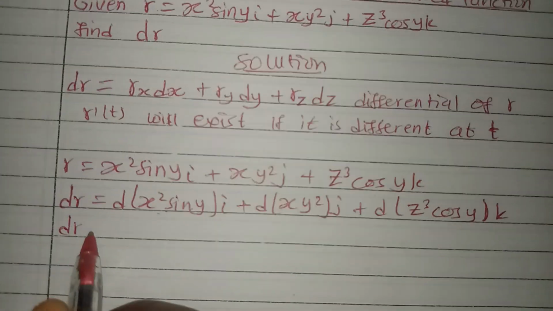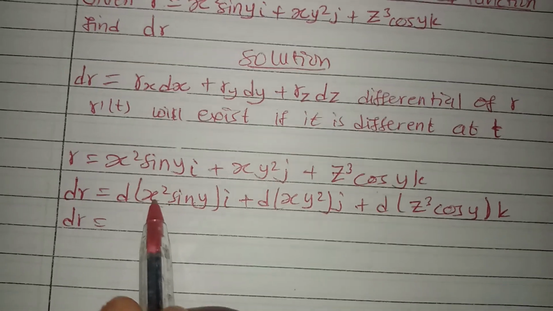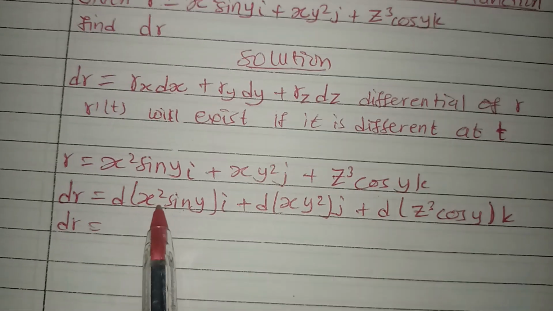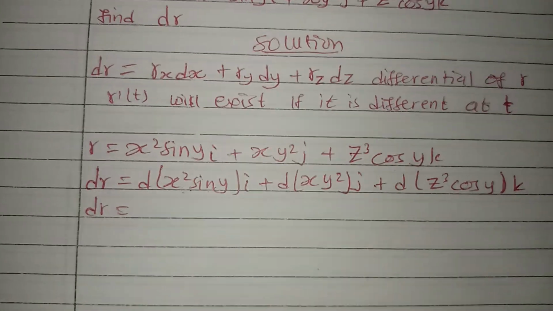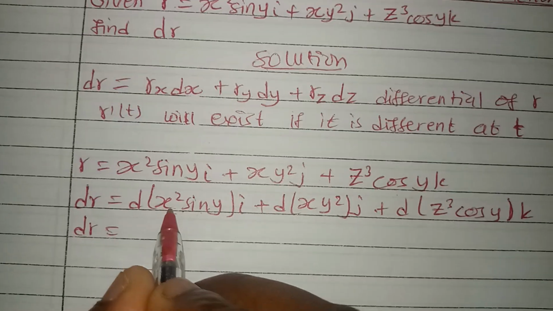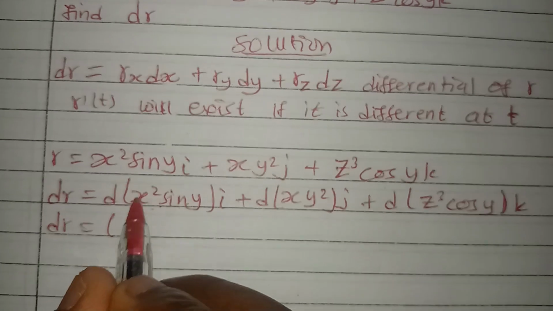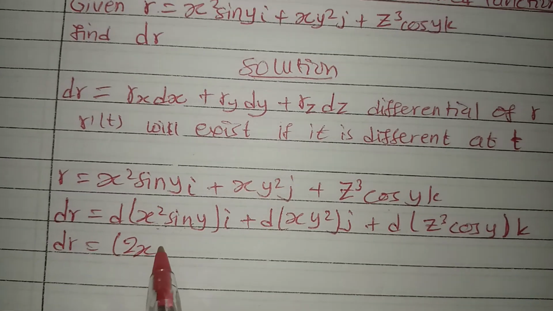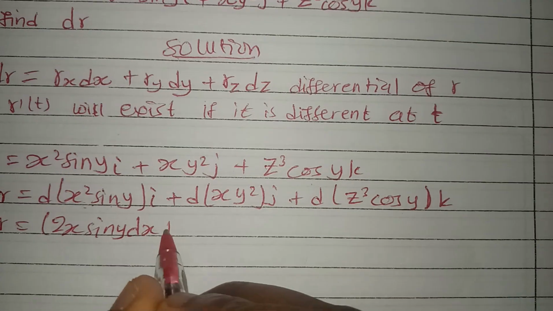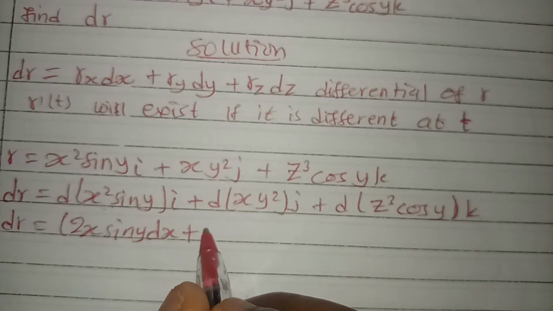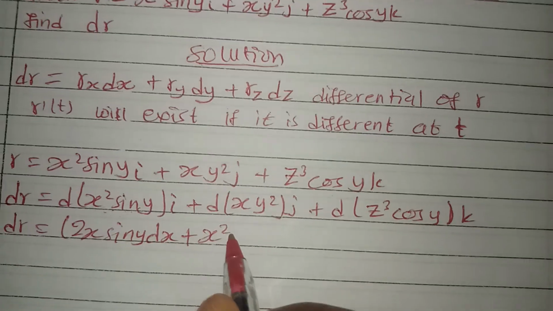Here, the variables involved are x and y, so you're going to differentiate with respect to x and y. Using the product rule, if we maintain this and differentiate this, we are going to have 2x sine y dx, plus, we keep this and differentiate this, that will be x squared.